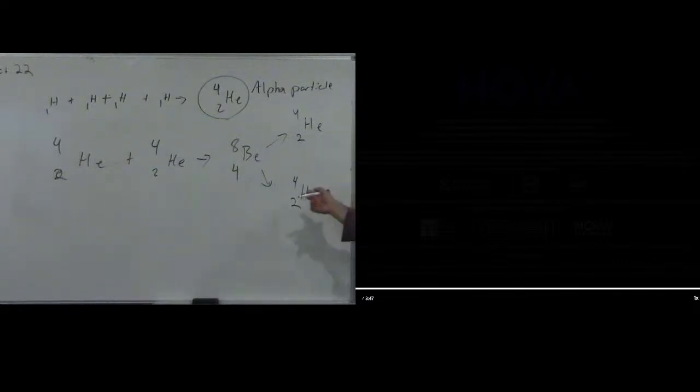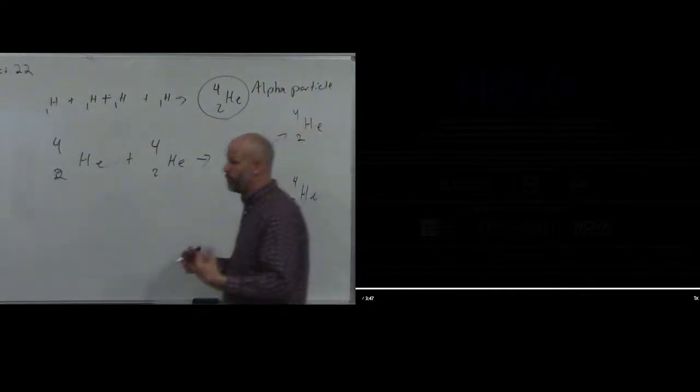And yet we have to get beryllium to get anything bigger. So if I can get them to stick for a nanosecond, and that's it, and yet they are an essential step in making everything else that's bigger, it tells you that there's got to be something else involved here, right? And so they refer to this as the triple alpha.